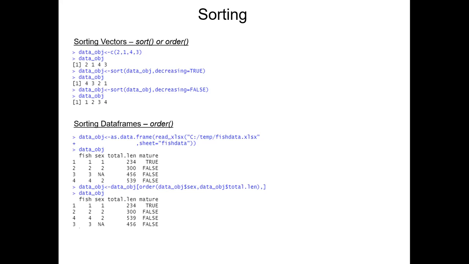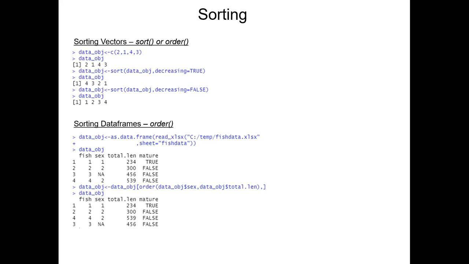Now, if you wanted to sort data frames, you use the function order only. You can't use sort. So in this case, again, we're reading in the fish data. You can see, again, the values within the data frame. And if you look within the brackets, I'm using the order function within the rows position because it'll be searching down the rows and ordering it by what I specify within the order function.